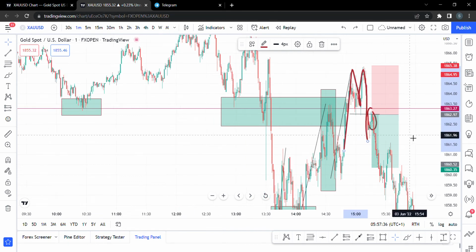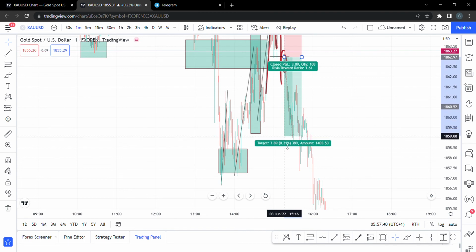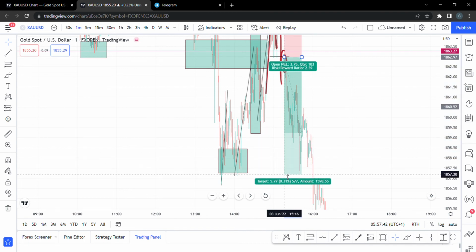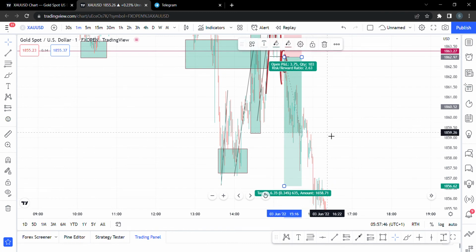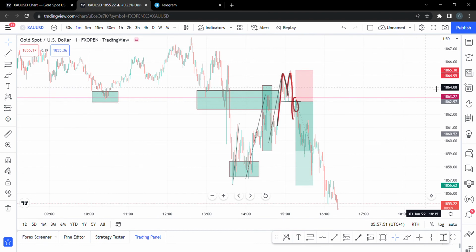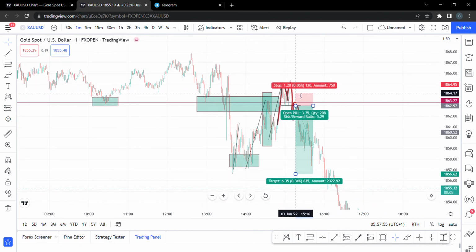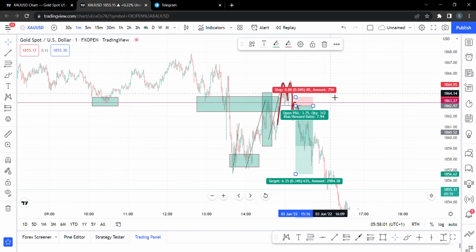Your entry should be there and your minimum target should be here, right? But I've gotten used to the strategy and I know if price gets to 1863.7 or so, it can't come back again.